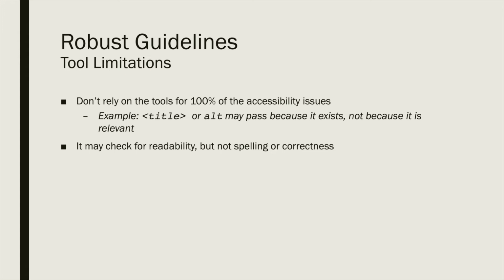So you want to make sure that a human is going through, maybe you, maybe somebody else, and making sure that the information there is relevant to the item that is being represented. It also may check for readability, but not spelling or correctness. So it may check to make sure that the items in the page are readable based on a grade level, but it may not check to see if the word "to" is spelled T-O or T-O-O. So you want to make sure that that as well is checked by a human.